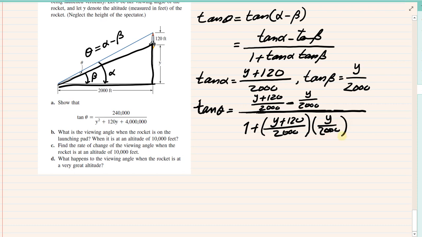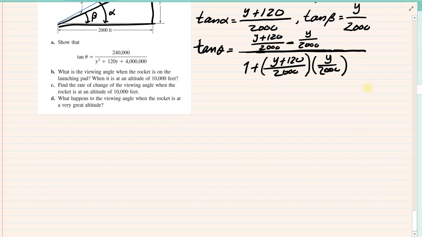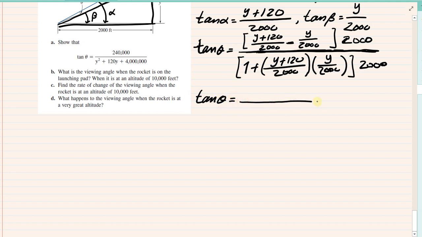And we can work this one again. It is a complex fraction, so we're going to multiply top and bottom by the LCD. The LCD here, of course, being 2,000. So I'm going to multiply the top by 2,000 and the bottom by 2,000. And when we do, we're going to distribute 2,000 to the first fraction. So that's tan theta equals. We're going to lose the denominator, so it's just y plus 120 minus y.